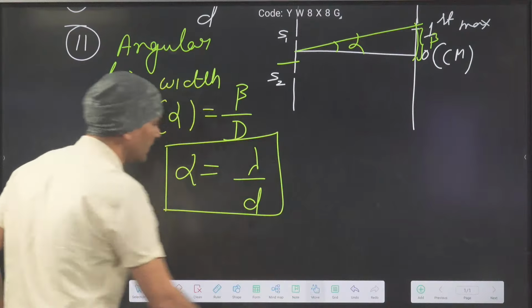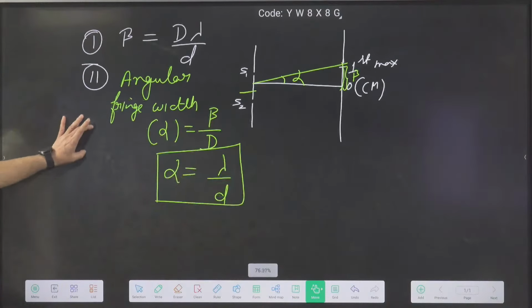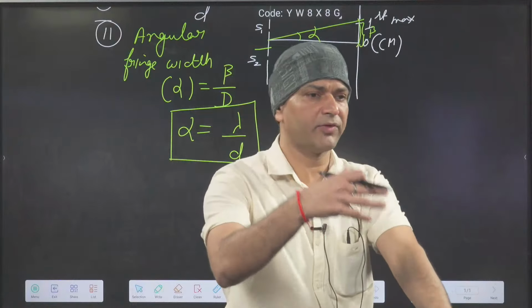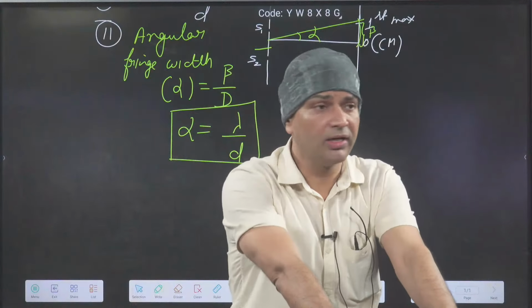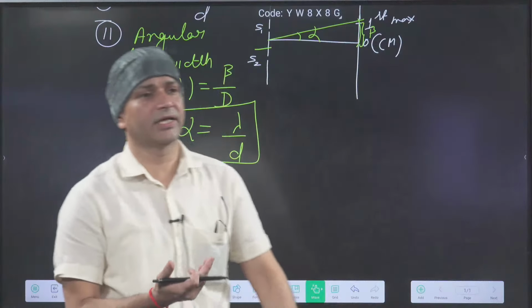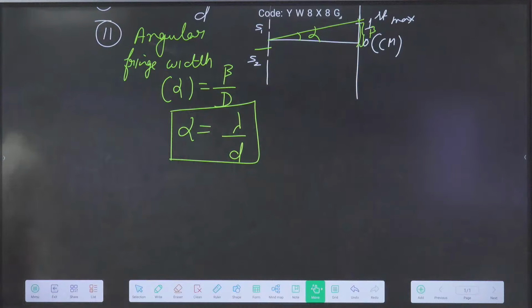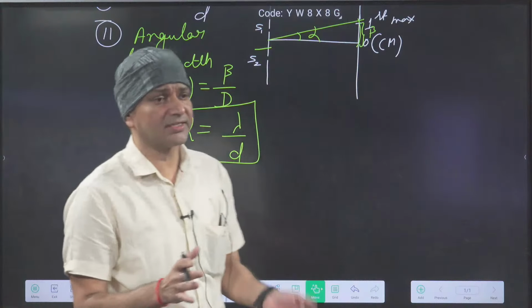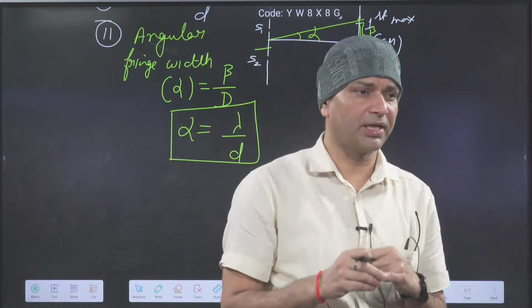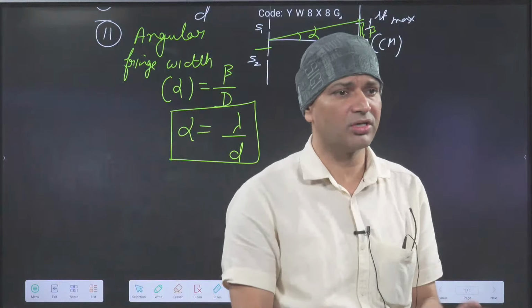Okay, next thing. Suppose we are performing the YDSE experiment in a liquid where the refractive index is mu, without disturbing the setup. Not disturbing the setup means capital D and small d are constant.